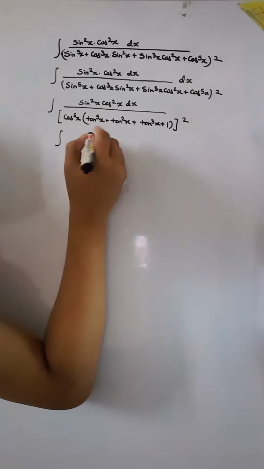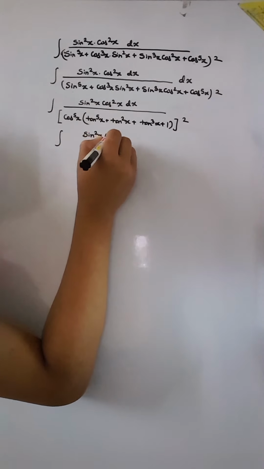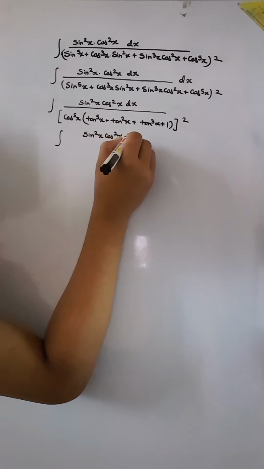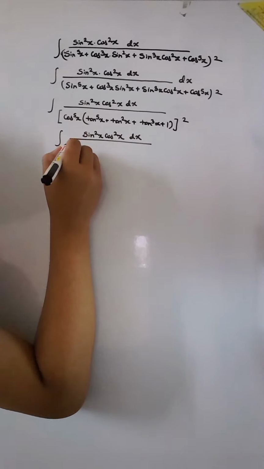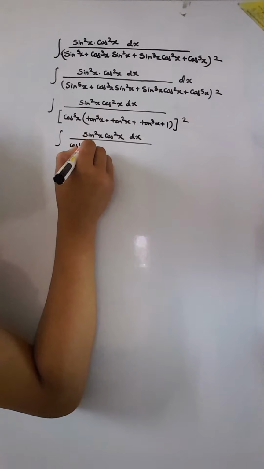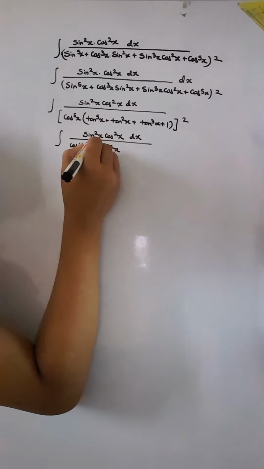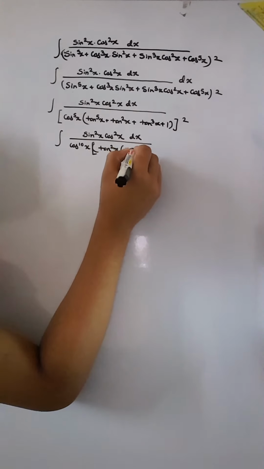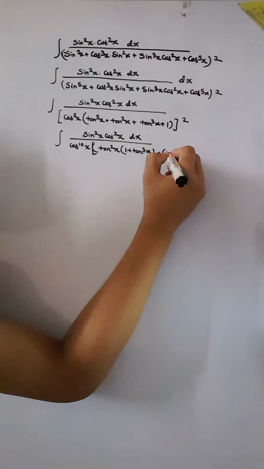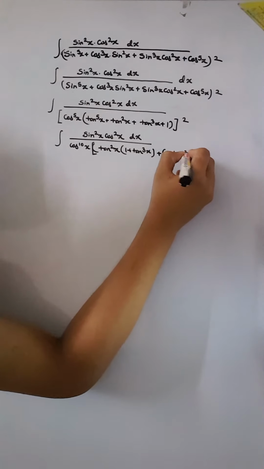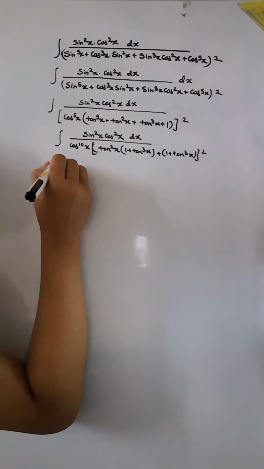So integrating it, we will have sin square x into cos square x dx divided by cos 10x multiplied with tan square x. If we take common, it will become 1 plus tan cube x plus 1 plus tan cube x whole square.